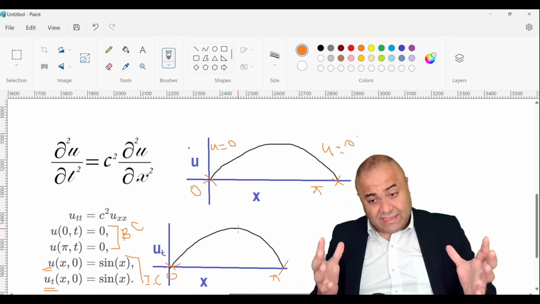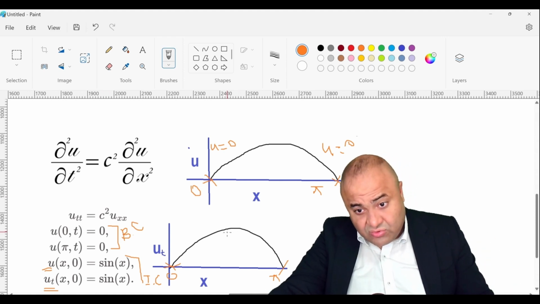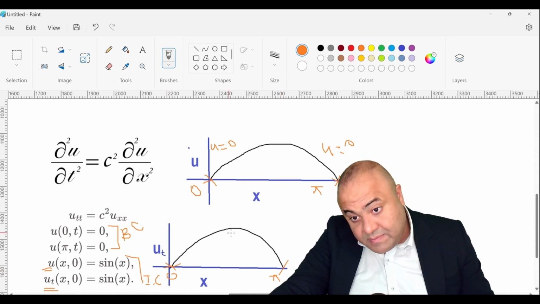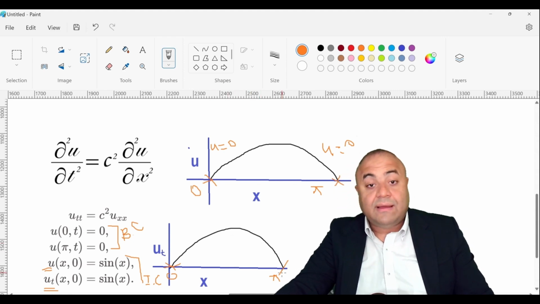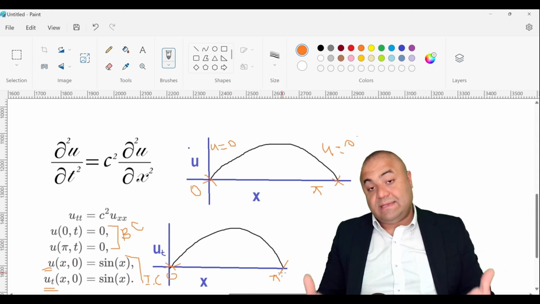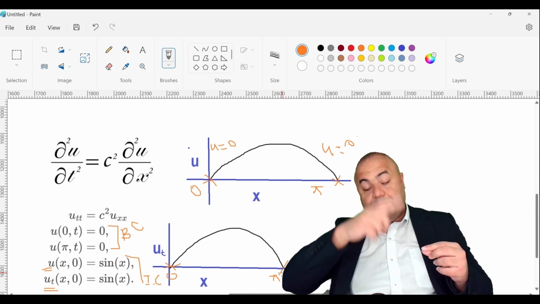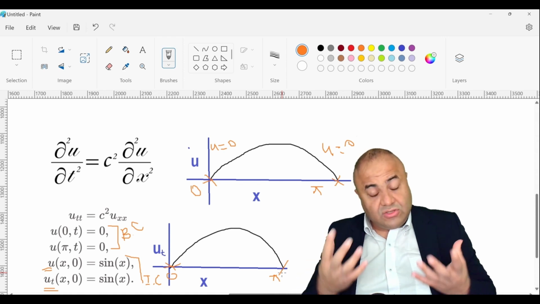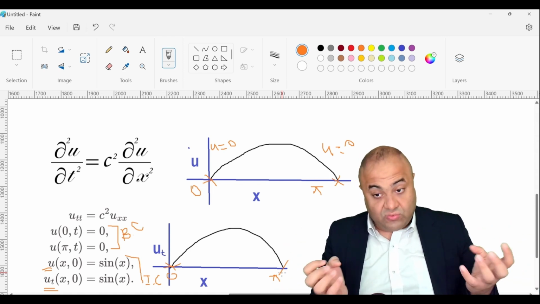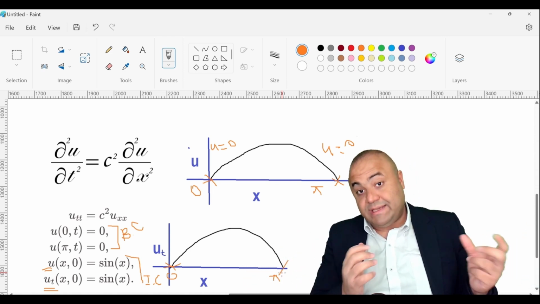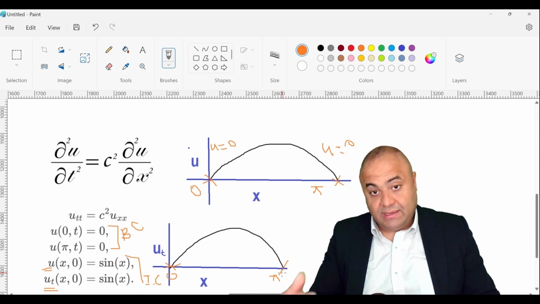That means in the middle it is going to have an upper speed, and at the tips it is not going to have any speed, and gradually the speed will increase until the middle and then go down again. So what do we expect in such a situation as a physical system? The thing will go up and down.